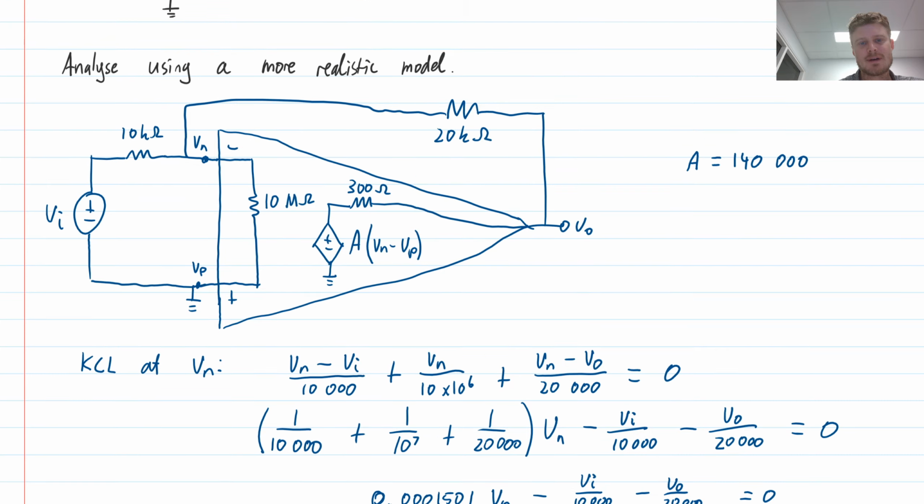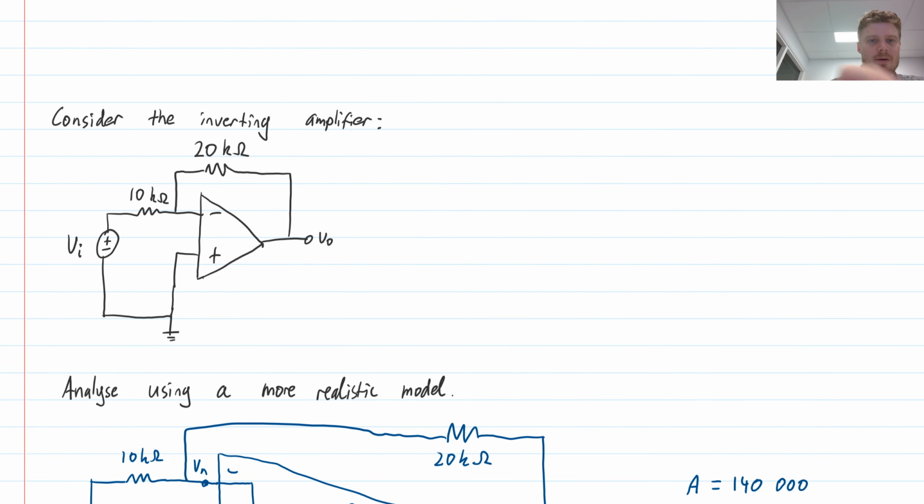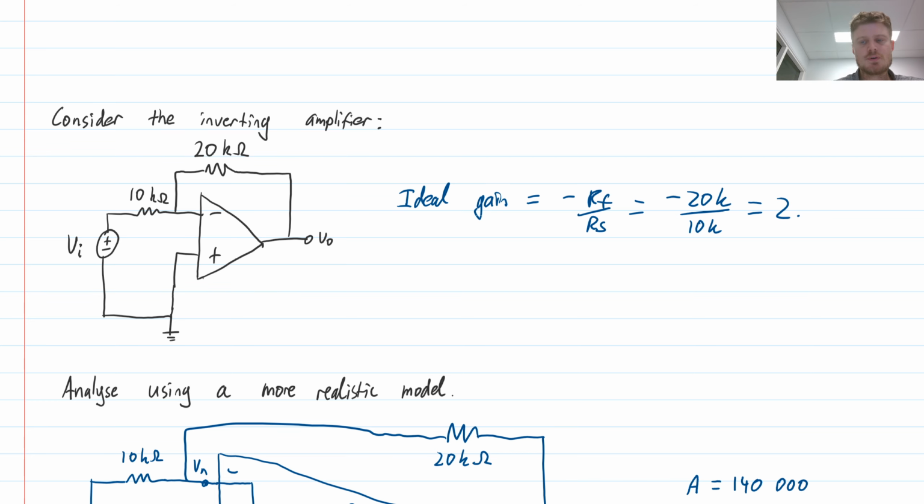If we go back and look at our circuit, we have an inverting amplifier, and we know that the gain is the feedback resistor, which is 20k, divided by the source resistor, which is 10k. So the ideal gain is negative RF over RS, which is negative 20k divided by 10k, equals negative 2.